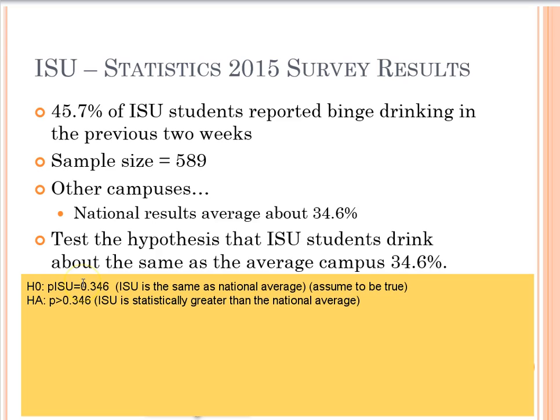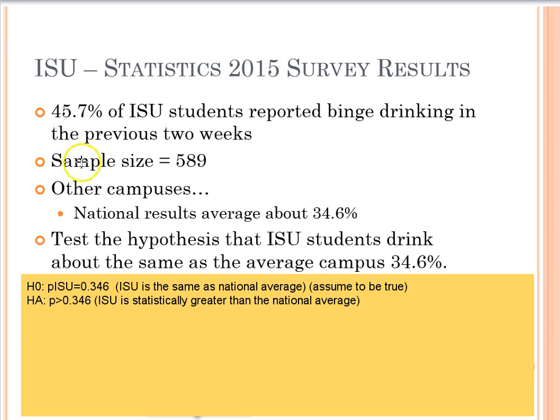Now we don't know what that true proportion is. We're just assuming that it's the same as the national average. We haven't sampled the whole ISU population. We've only sampled 586 students. And remember that some of our samples are going to be greater than that true proportion, and some of them are going to be less than the true proportion.